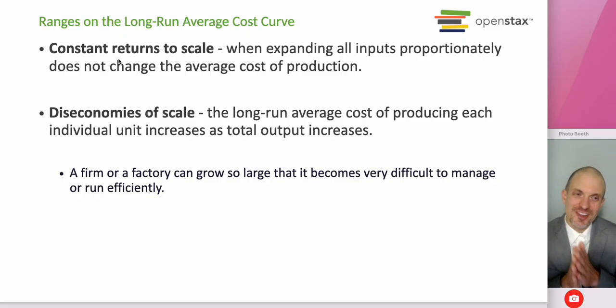And then there's diseconomies of scale when I go beyond that point. So as I increase my amount of output, my costs actually rise. And there's a bottleneck story there as well. So diseconomies of scale is a firm or factory can grow so large it becomes difficult to manage or run efficiently. It's basically the limitations, in this case, of managerial oversight or physical limitations or something like that.